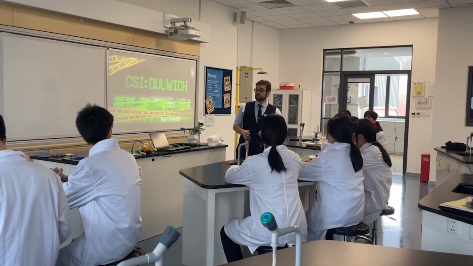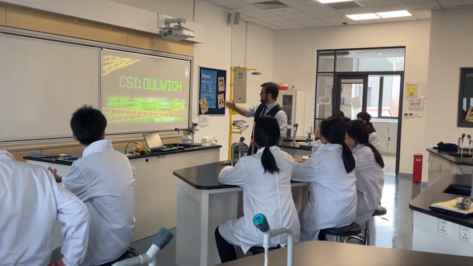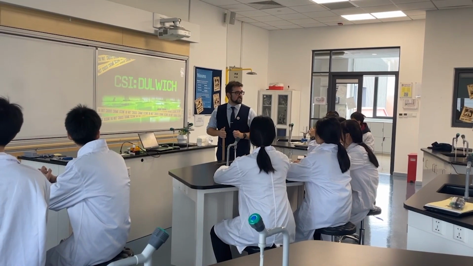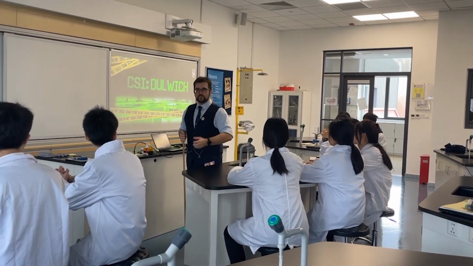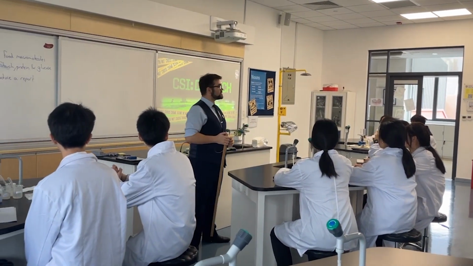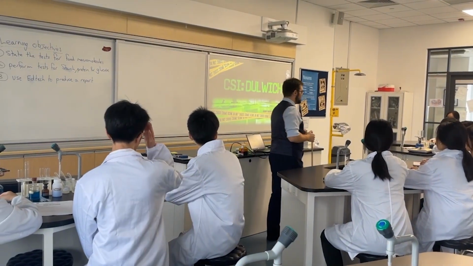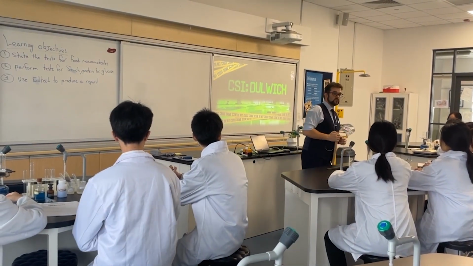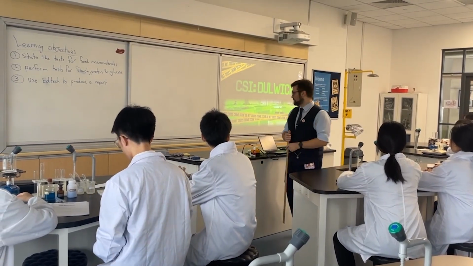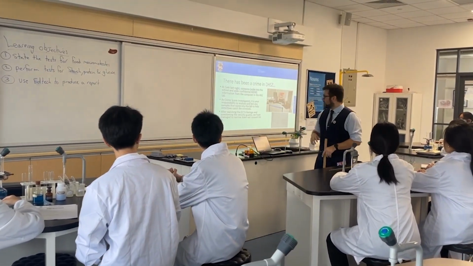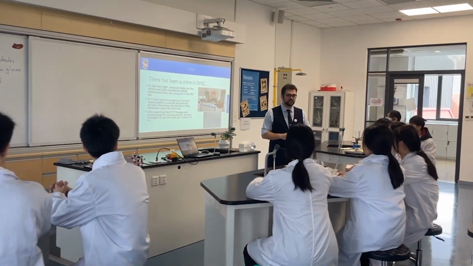And we link it today with something that we call CSI, or crime scene investigation. Crime scene investigation is the act of collecting evidence from a crime scene and then testing it against what we know, to see if we can identify a criminal. So, there has been a crime in this very lab.